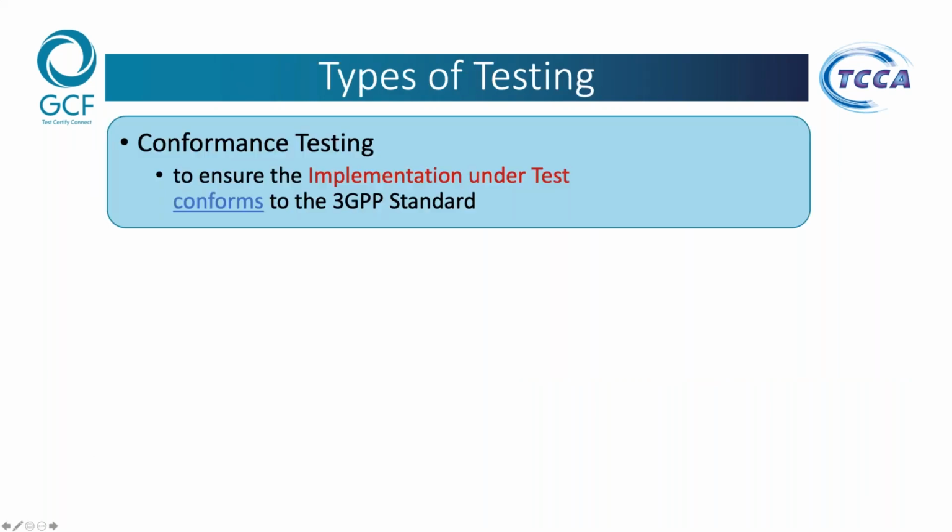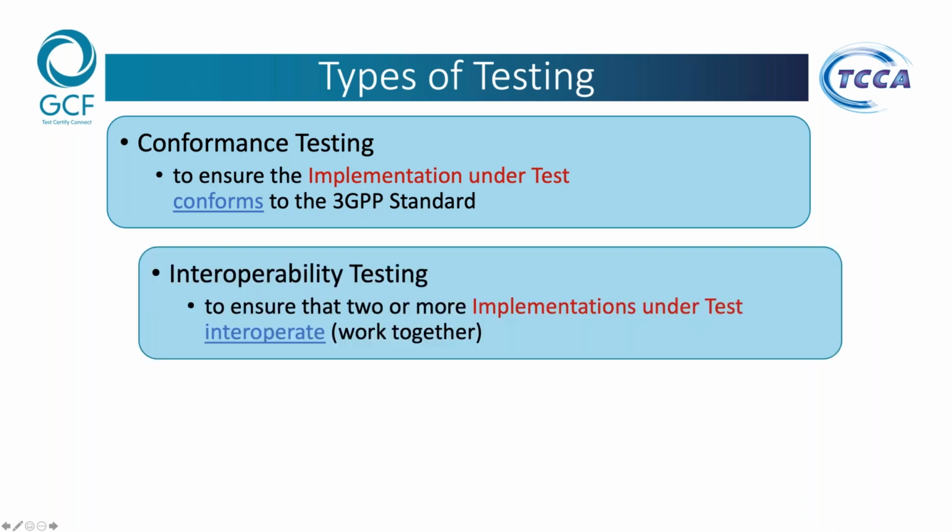There are different types of testing, how you can test. The first type of testing is so-called conformance testing. Conformance testing ensures that the implementation under test conforms to the 3GPP standard or conforms to any standard. The next type of testing is interoperability testing, which is to ensure that two or more implementations under test interoperate with each other, so they work together correctly.